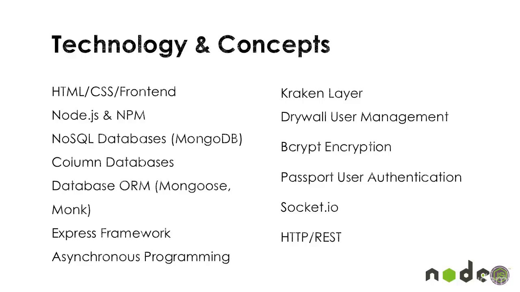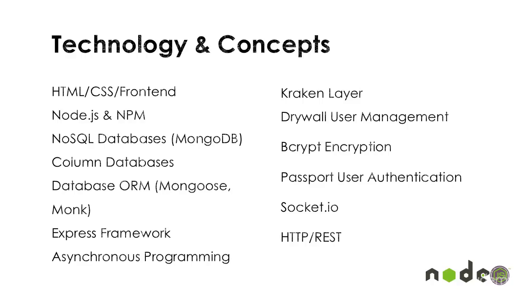We'll be dealing with the Express framework in most of our projects. That's basically a type of MVC layer or framework that sits on top of Node and deals with routing, things like that. Asynchronous programming, JavaScript in Node uses asynchronous programming by nature, so callbacks, things like that.